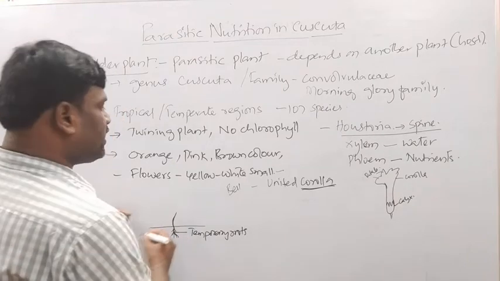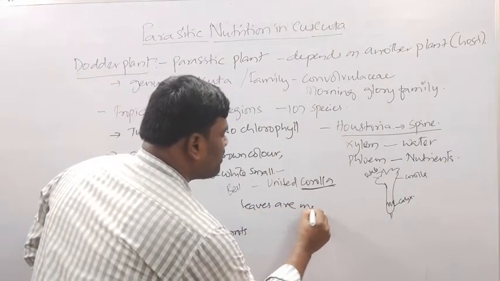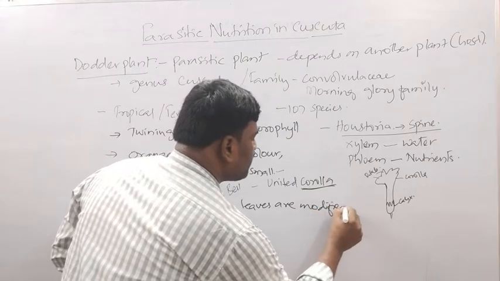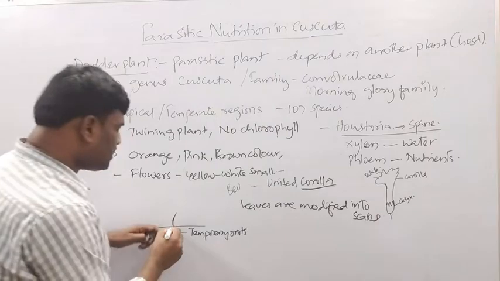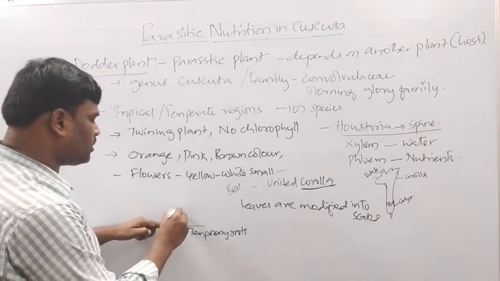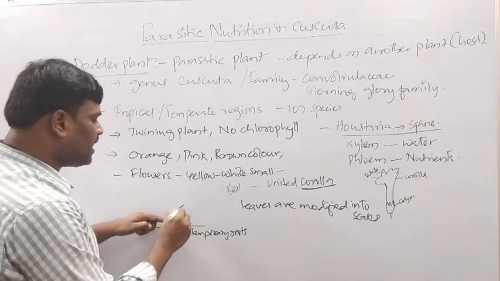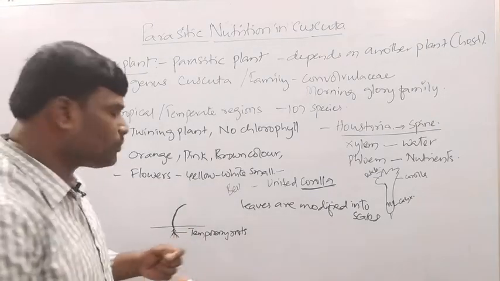So let me write the important point here. Leaves are modified into scales. This stem, as it is string-like, children, projects like that, searching for the host plant.